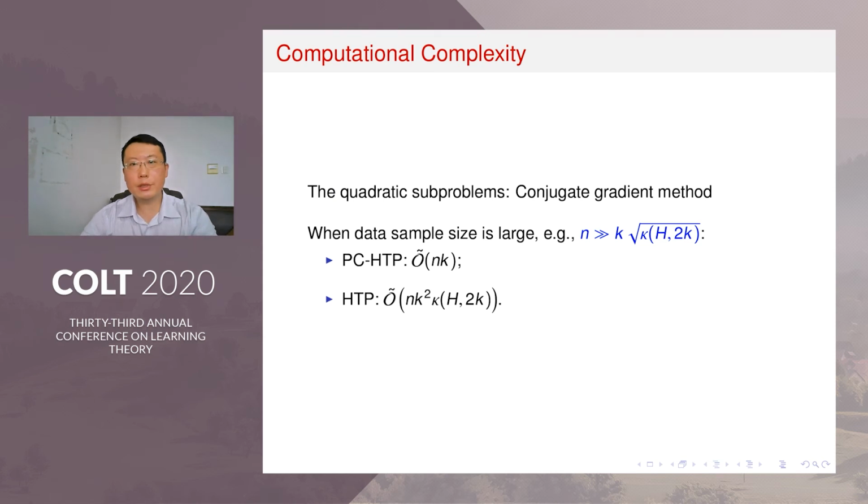Concerning the computational complexity, if using conjugate gradient method to solve the quadratic subproblems involved in the debiasing steps, we can show that the preconditioning HTP is substantially cheaper than HTP in computation when the sample size n is sufficiently larger than the sparsity level k.